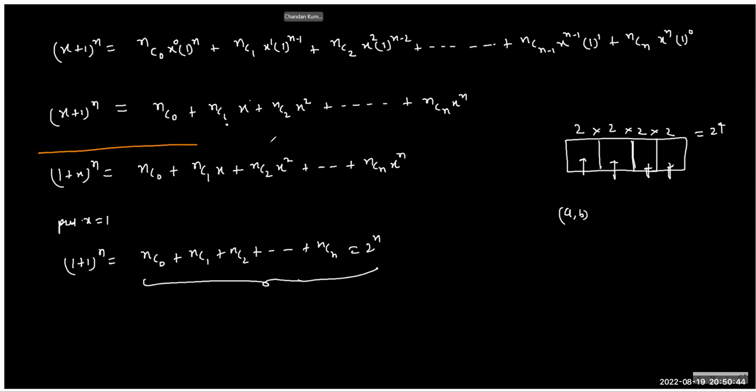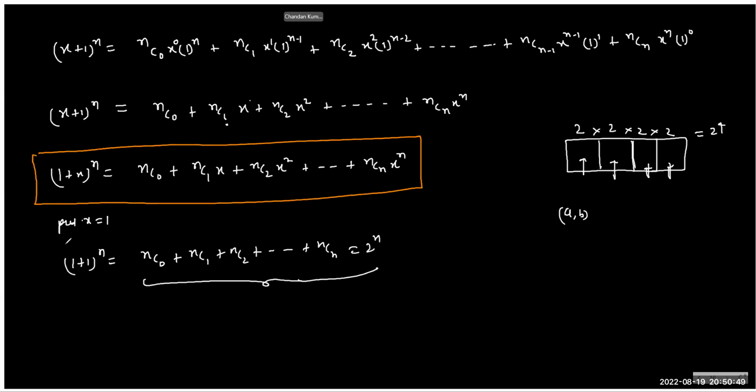So this formula is the most important formula for me, and I'd like to go over it in a bit of detail. So (1 plus x) power n gives nC0, nC1 x, nC2 x square, nC3 x cube, and so on. The last term is nCn x power n.